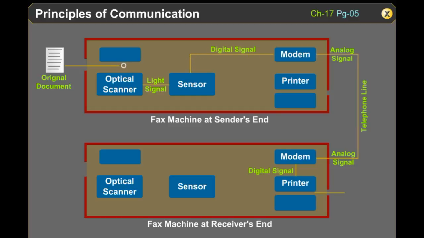A modem converts these digital pulses into analog signals, which are transmitted to the receiving fax machine via the telephone lines. At the receiving end, the modem converts the analog signals received back to digital pulses.